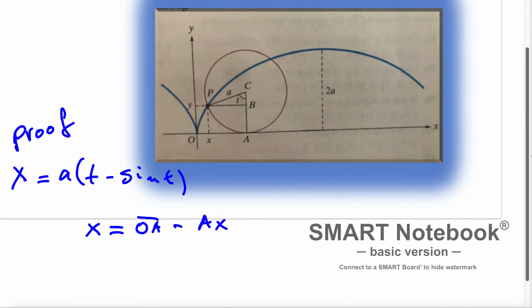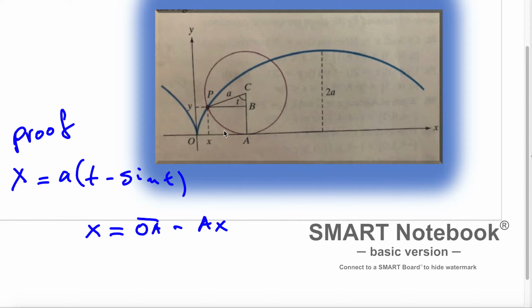Now we are looking at the figure. The distance AX is the same as the distance PB. In this triangle, sine t is equal to the opposite side over the hypotenuse.